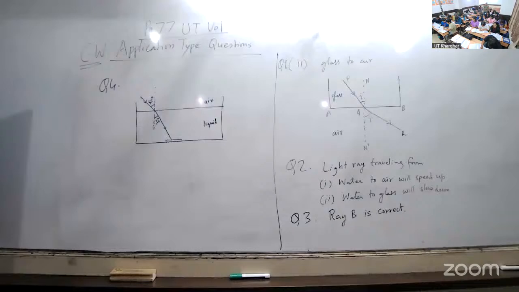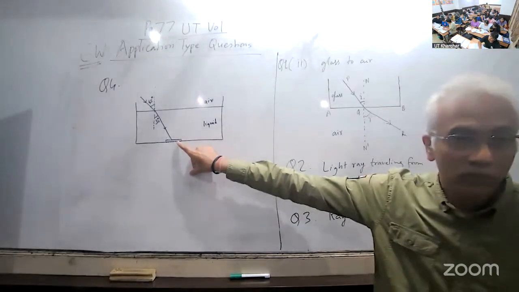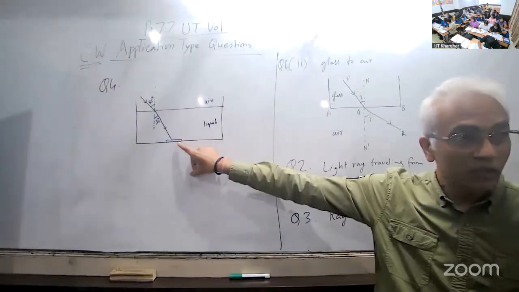What is given in the question? Angle 1 is 45. Angle of incidence in air is 45 and angle of refraction in liquid is 30. What is this? This is a mirror.